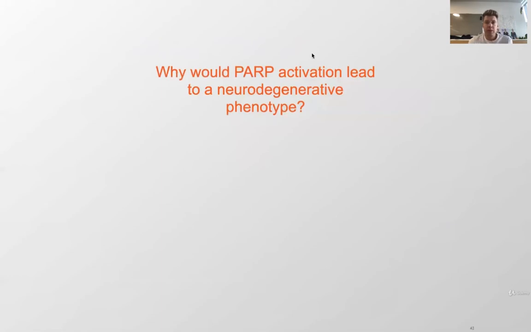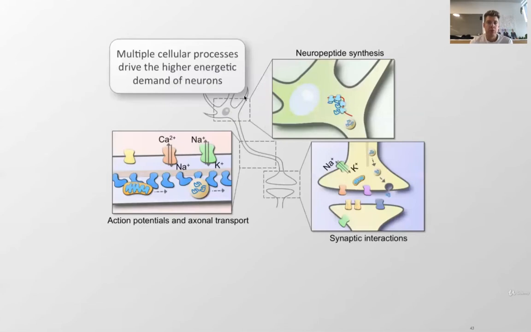But why would PARP activation lead to specifically a neurodegenerative phenotype? So I think we need to think a little bit about the energetic needs of the brain. The brain is quite special as an organ, because many processes have to occur. For example, in neurons, you have to have neuropeptide synthesis.